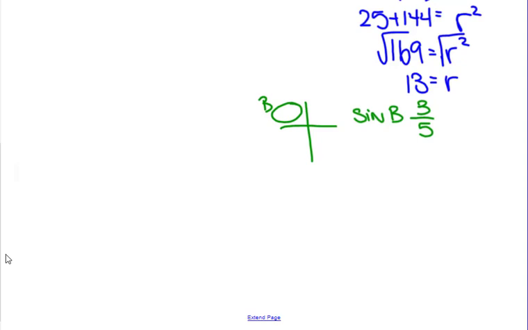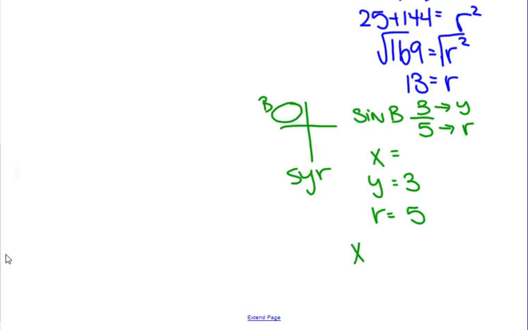And in this case, remember, sine is our y over our r. So x, y, r. Our r is 5, our y is 3, and we need to figure out what our x is. So x squared plus y squared is equal to r squared.